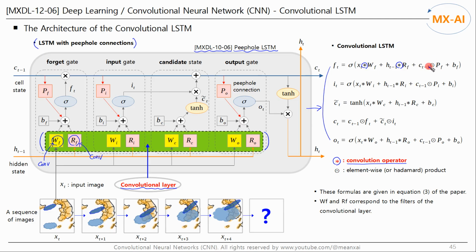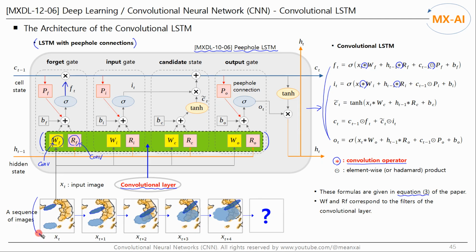An element-wise product is performed between the cell state ct-1 and the peephole connection pf. This is the output of the forget gate. Similarly, in other gates, the convolution operations are performed as well. These formulas are given in equation 3 of the paper.